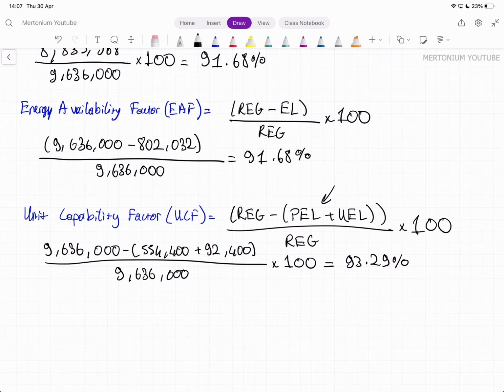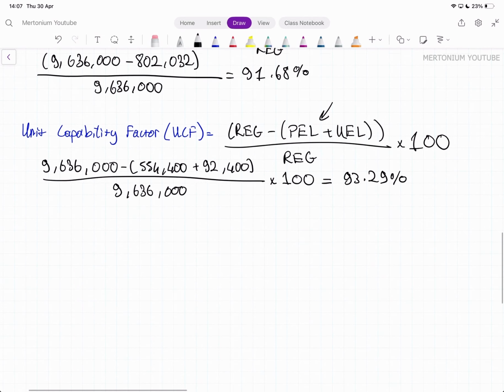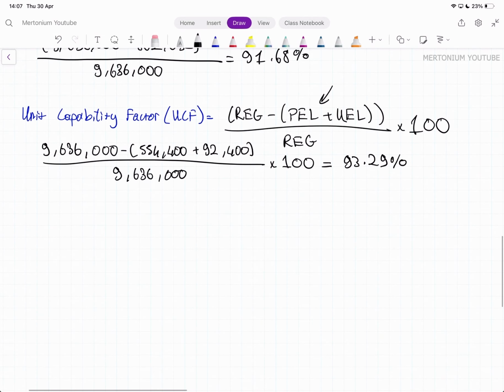All right. So lastly, you have the operation factor. And this is the percentage of time plant stayed online. Let's say the lights were on and we were operating. So operation factor, OF. How do we calculate this?